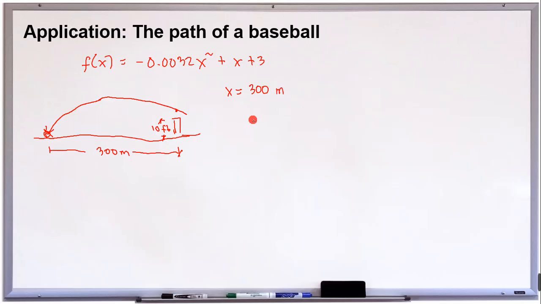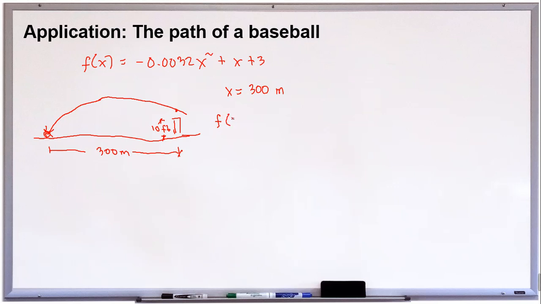X equals 300 meters. Okay, so again, the function f of x talks about the height of the baseball relative to the ground.